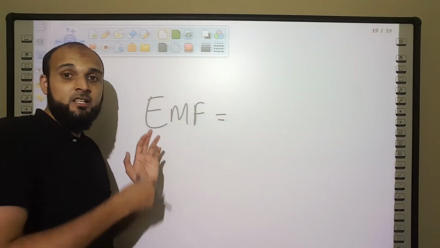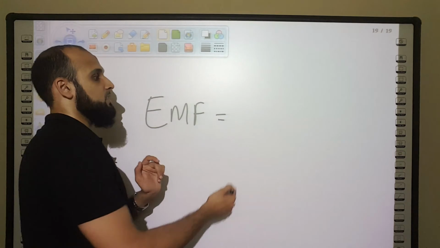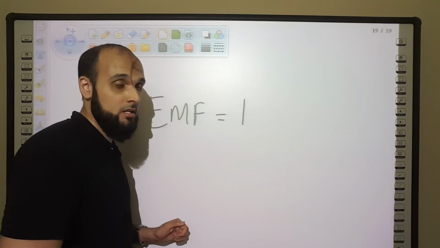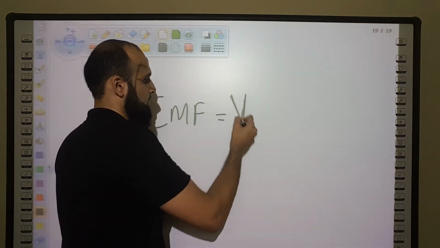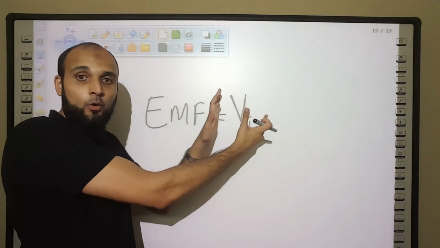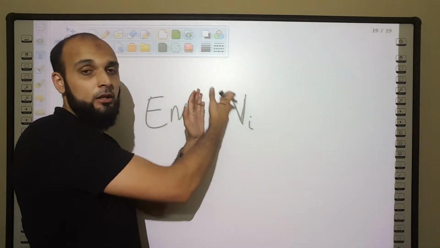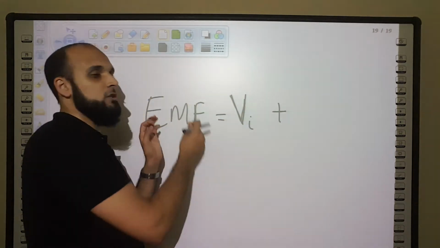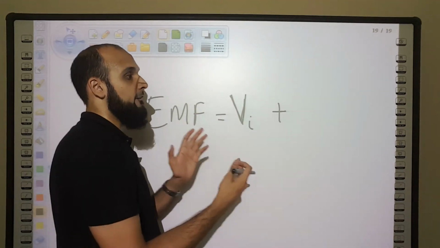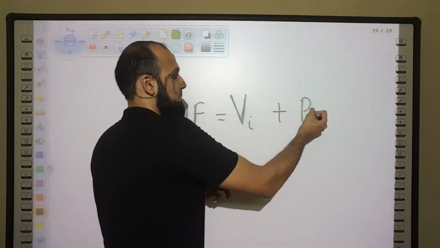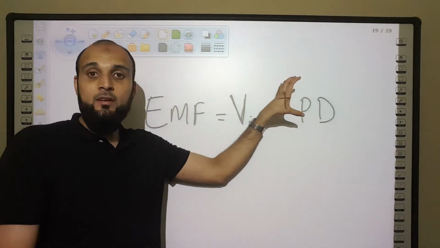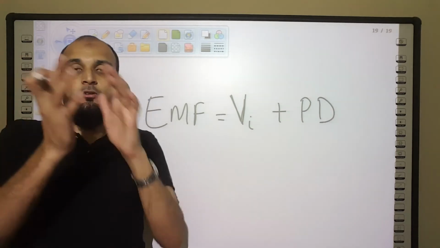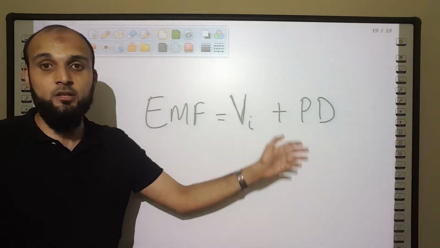The total chemical energy that is converted into electrical energy, some of it is consumed to get across the internal resistance. We just call it V internal, right? So the voltage consumed in getting across that internal resistance of the cell itself, and the remaining voltage, the remaining energy per coulomb, is available to the rest of the circuit, so we'll just call it the potential difference, right? The remaining voltage is basically the energy per coulomb that is consumed by the rest of the circuit to move the charges across it, right?